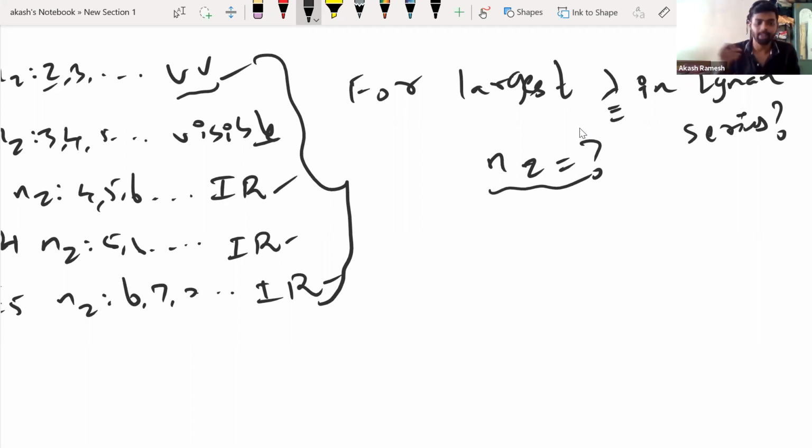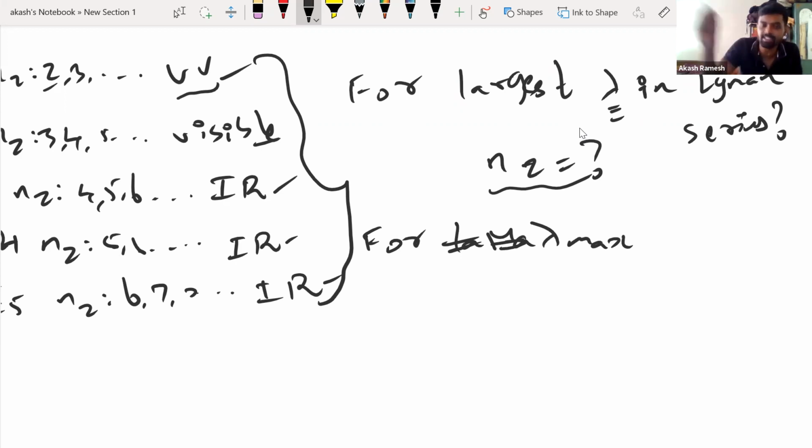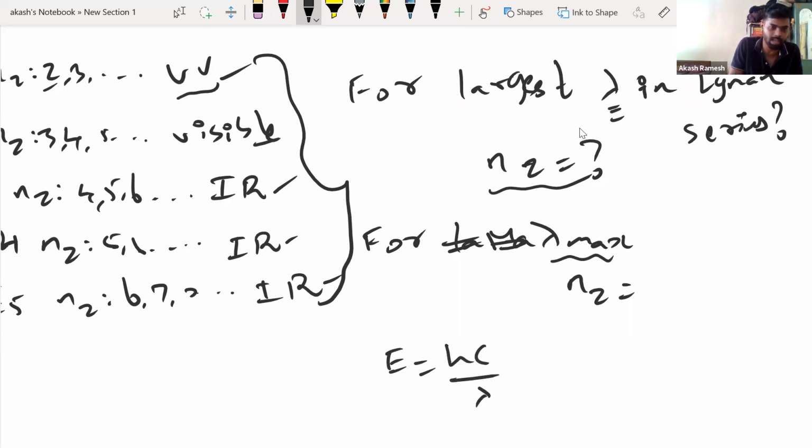Now understand that for maximum lambda, for the maximum value of lambda in any series, please understand, look at this equation: E is equal to HC by lambda.